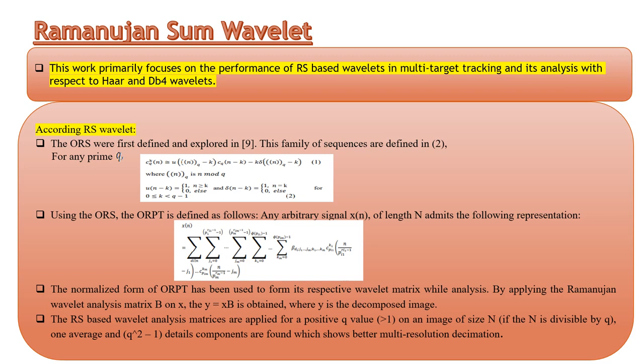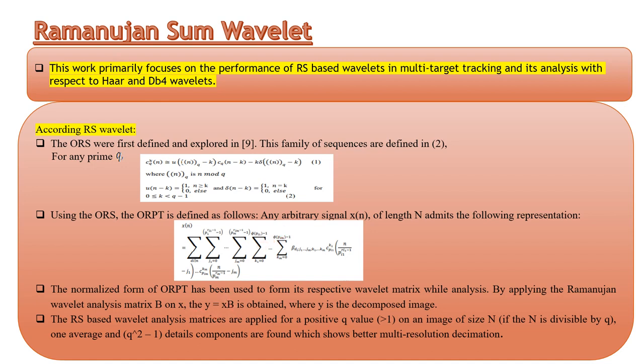By applying the Ramanujan wavelet analysis matrix B that is formed on X, where X is an image under consideration, Y is calculated by multiplying X and B, where Y is the decomposed image, here as given.